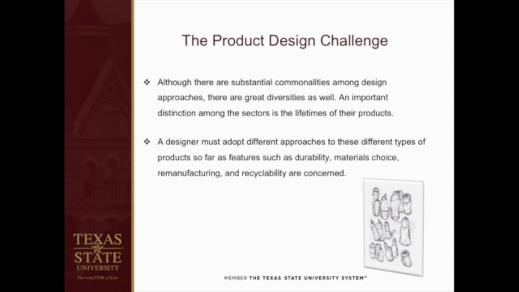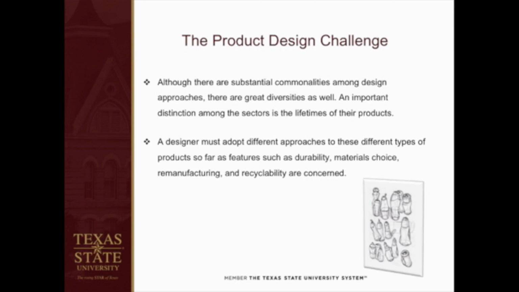Because there are differences in life cycle, designers make different decisions in terms of material choice, in terms of durability, right? I mean, an automobile has to be more durable than the moist towelette because you don't intend for it to last long.